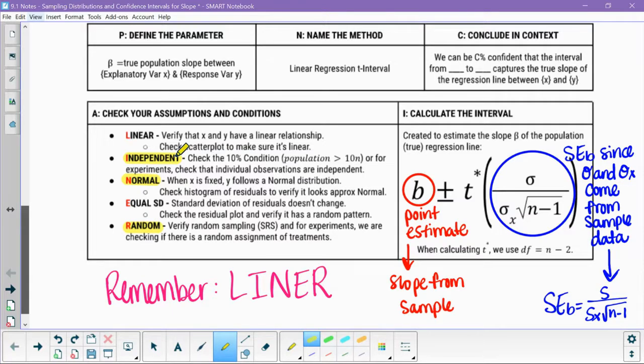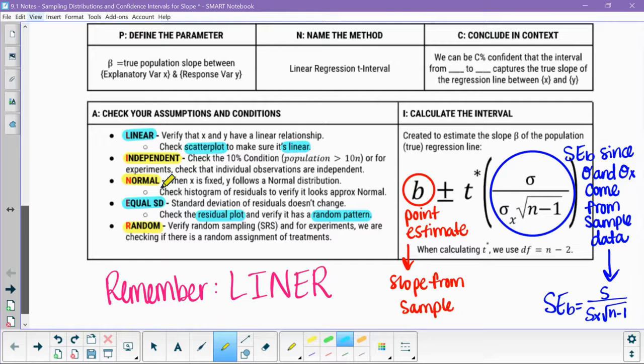Now we also have a little bit more. There's two new ones. We have is it linear, and we're going to see the scatter plot and see if it's linear. And does it have equal standard deviations? Basically, we're going to check the residual plot and make sure it has a random pattern. Everything else is kind of similar to what we did before.